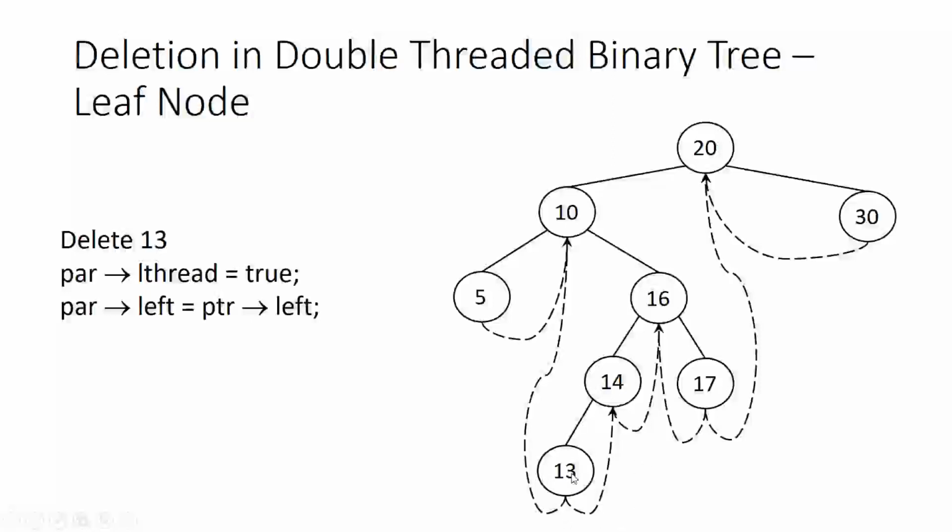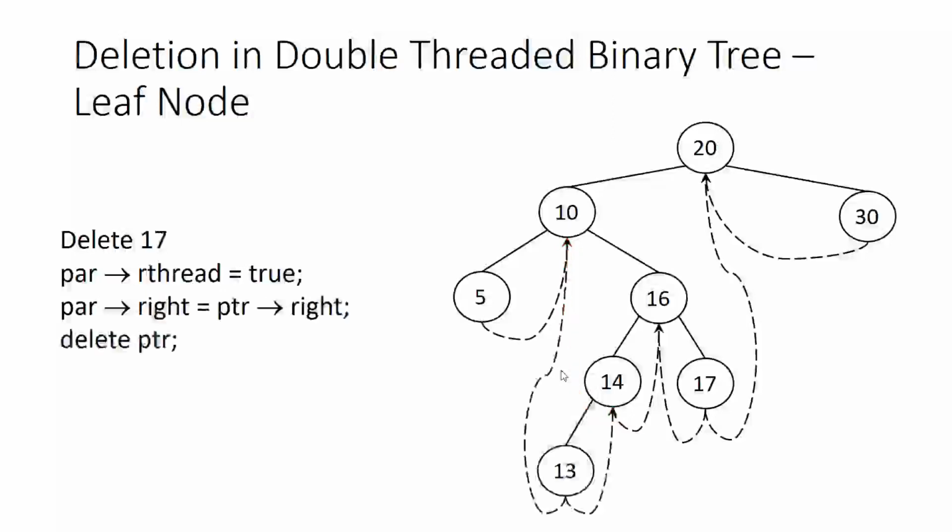Because 13 is the left child of 14, the left thread of 13 which is connected to 10 should become the left thread of 14 now. And you can delete 13 because its right thread is connected to 14, and since 13 doesn't exist anymore, it is not a problem. Only you have to adjust the left thread because 13 is the left child of 14. Like this we will adjust the left thread and remove 13.